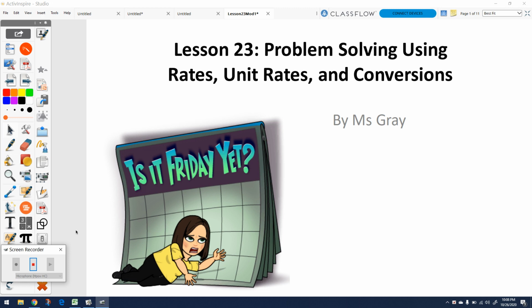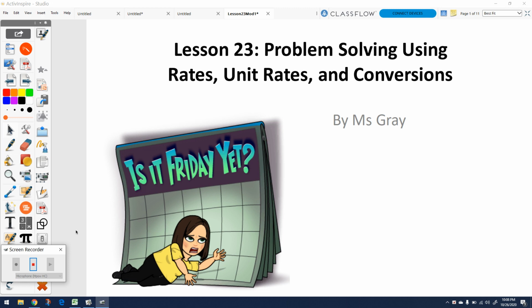Number 1 is 2,250 miles. That's the important part. Number 2 is 40 centimeters per second. Number 3 is 50 centimeters per second.